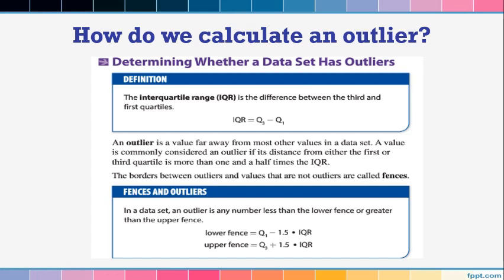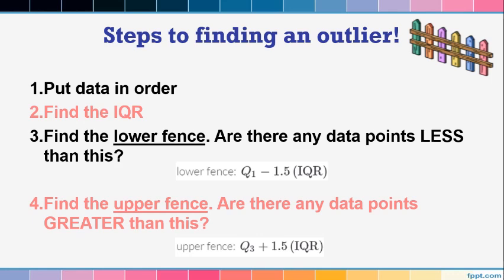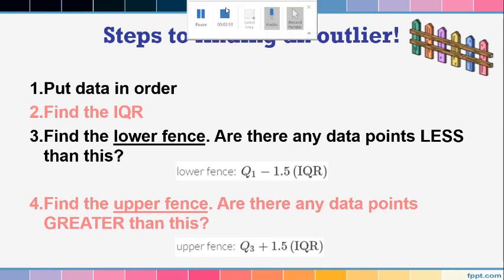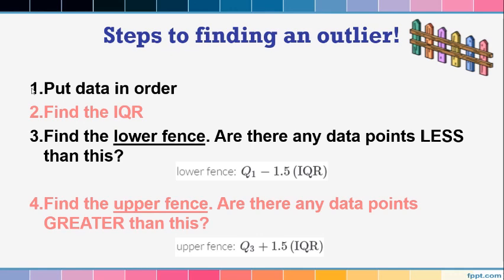So let's look at how we would apply this to an actual problem. Steps to finding an outlier. First and foremost, we have to put our data in order because we need to find the IQR. So we have to find our median and then our quartiles in order to find the IQR. Then we find the lower fence using our formula, and we ask ourselves, are there any data points that are less than this?